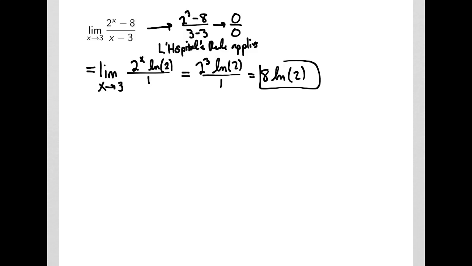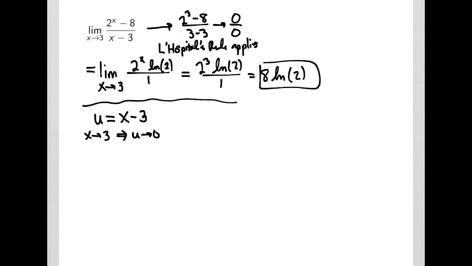Now in class we learned an alternate approach. Let me just illustrate how that would work. I could make a substitution that u equals x minus 3. If u equals x minus 3, because x approaches 3, that implies that u must be approaching 0.